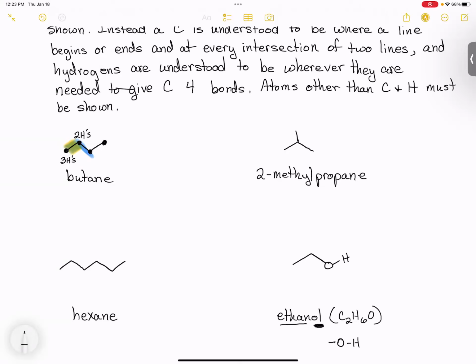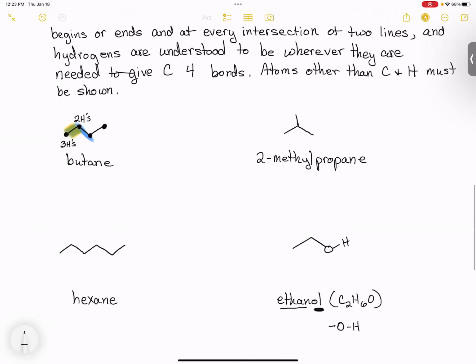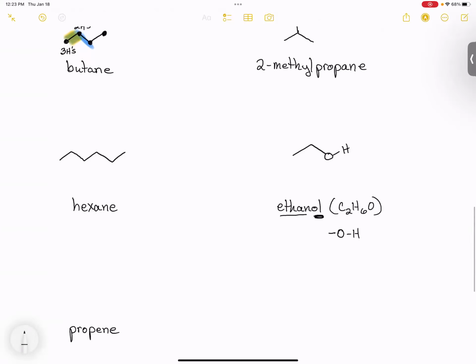And so this would be the line structure for ethanol. Propene, if you go back to when we were talking about alkenes, was a 3-carbon chain, but on one of the carbons, it had a double bond. So we would illustrate that double bond as a double line. And so this would be the line structure for propene.